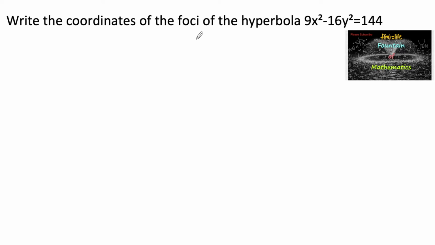Write the coordinates of the foci of the hyperbola 9x square minus 16y square is equal to 144. So this equation can also be written by dividing 144 on both the sides.